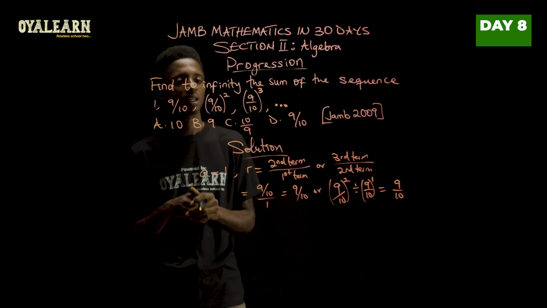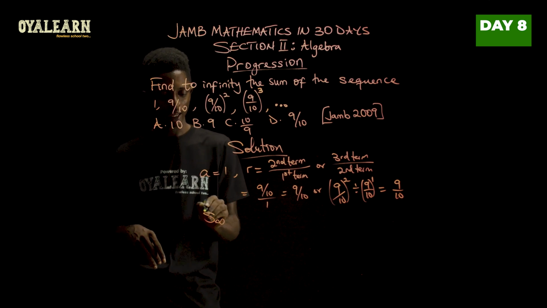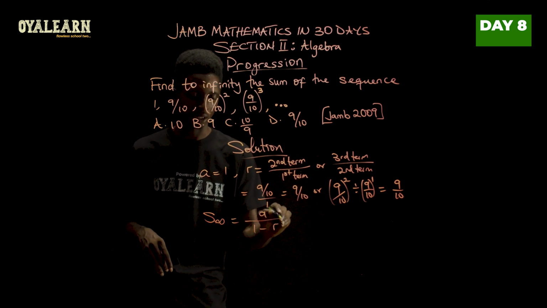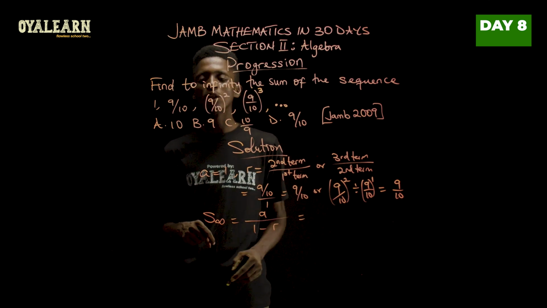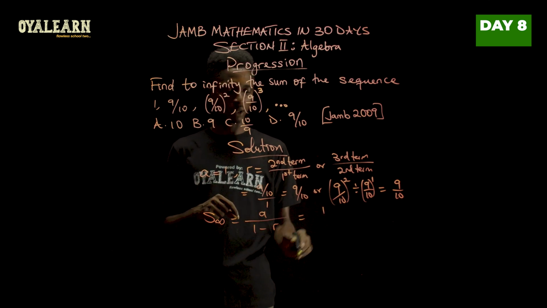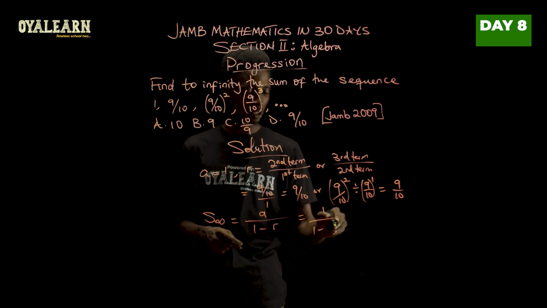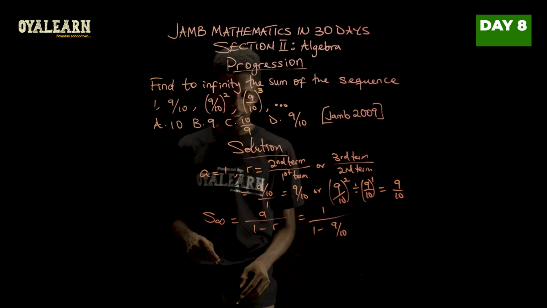That is established. Now, the sum to infinity of a GP is given as first term divided by 1 minus r. We already know the first term to be 1, so we'll put that down: 1 all over 1 minus the common ratio, 9 over 10. This is what we have to tidy up.